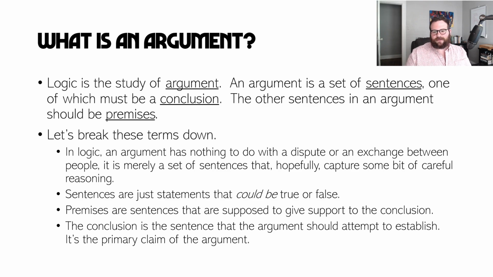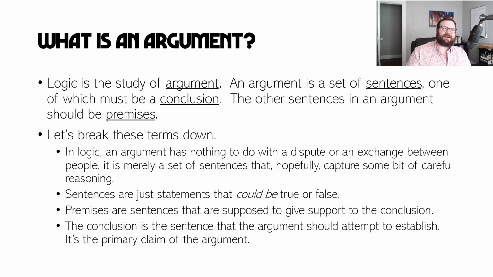All right. So within an argument, there are at least one, usually more, sentences. A sentence in logic is just a statement that could be true or false. Now, there needs to be a great deal of emphasis placed on this notion of could be, right?